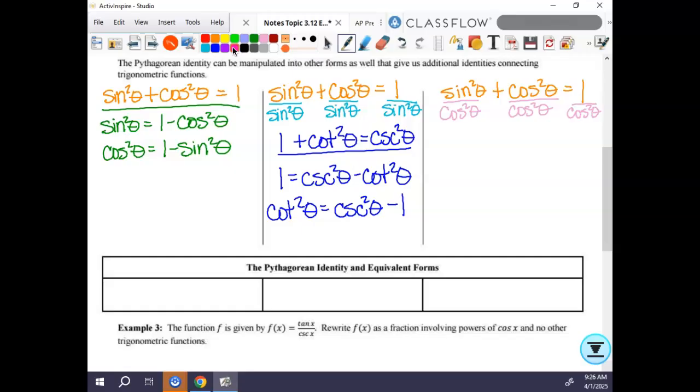So what is sine over cosine? Tangent. So this is going to give me tangent squared theta plus cosine over cosine is 1. And then what is 1 over cosine? Secant. I've got secant squared theta. Then I can rearrange this a little bit, and I can end up with tangent squared theta equals secant squared theta minus 1.